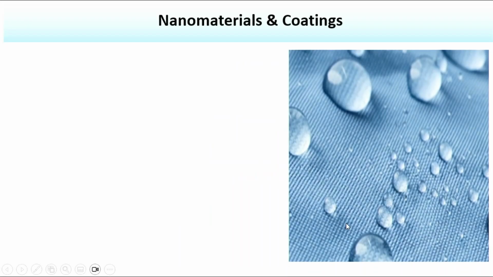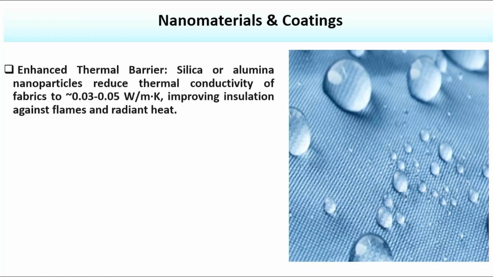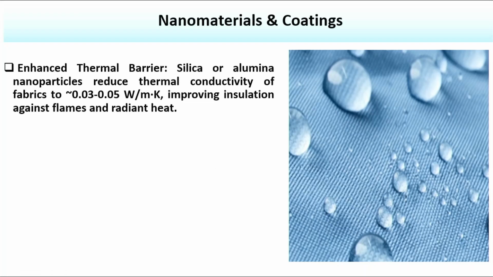Nanomaterial coatings are also available to give high thermal protection and enhance the thermal barrier. A nanomaterial coating like silica or aluminum nanoparticles reduces the thermal conductivity of fabrics to 0.03 to 0.05 watt per meter Kelvin.